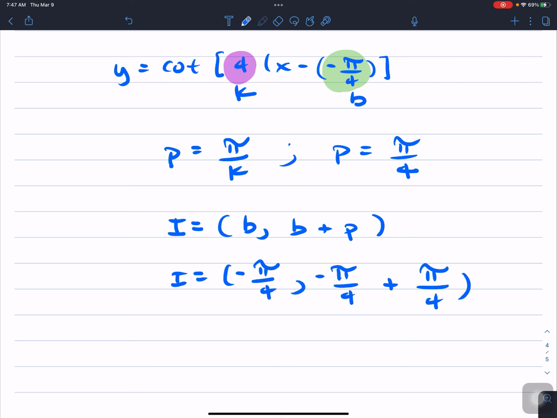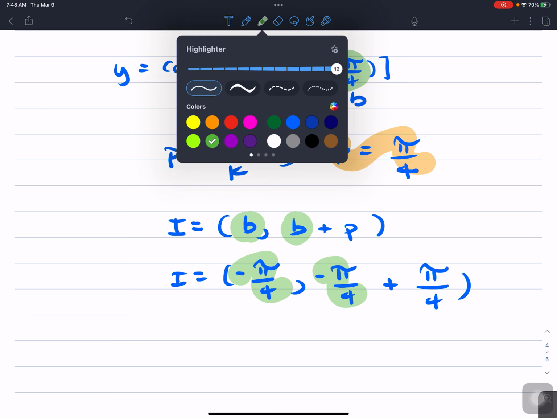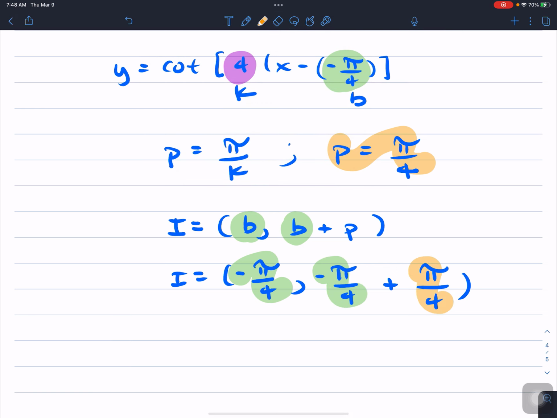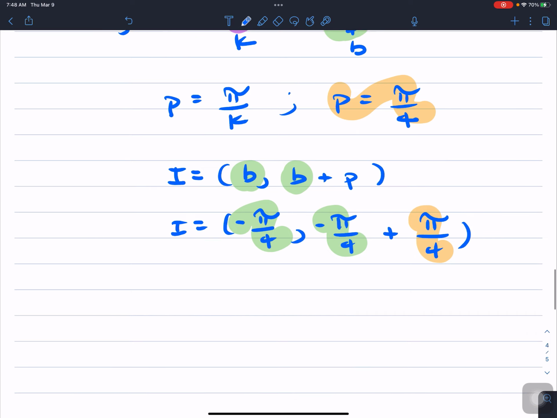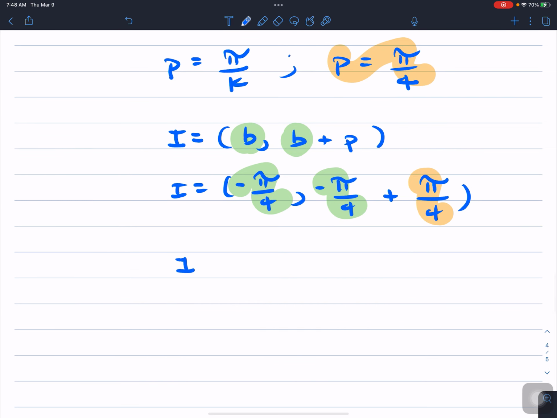So I'm going to make sure we use everything we're supposed to. B, negative pi over 4, plus that P. Here's my interval of one cycle. What's it going to be? Negative pi over 4 up to 0.